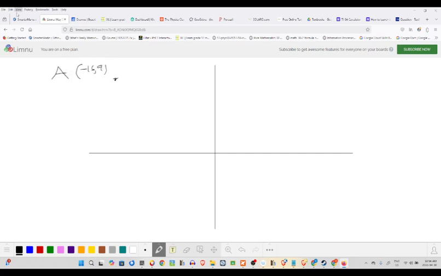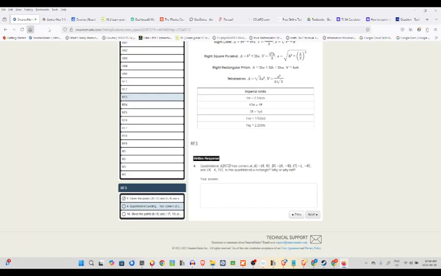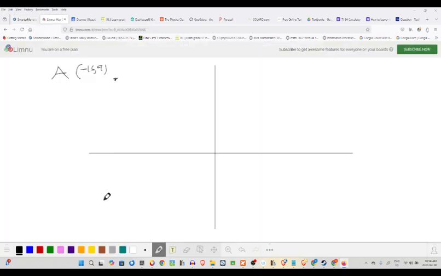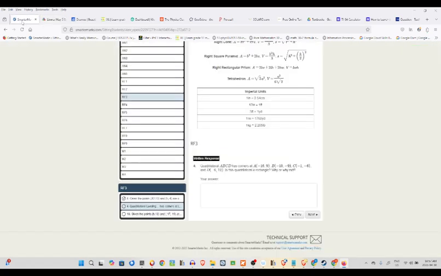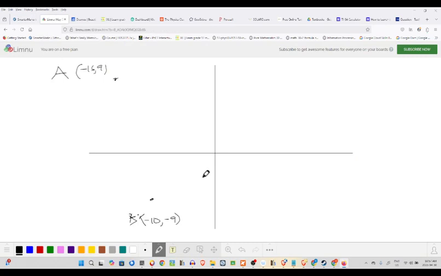That's point A. Point B is (-10, -9). This drawing is not to scale clearly. C is (-1, -6).